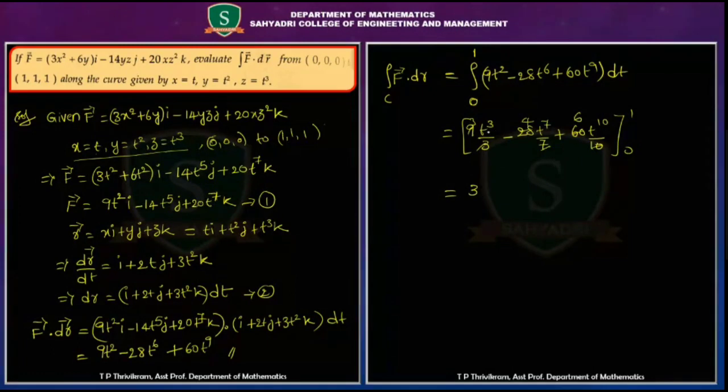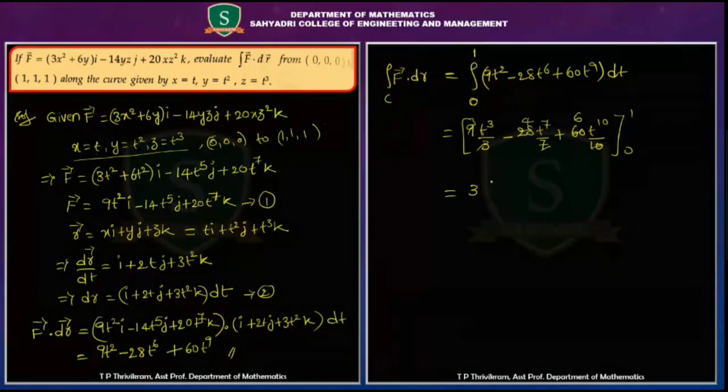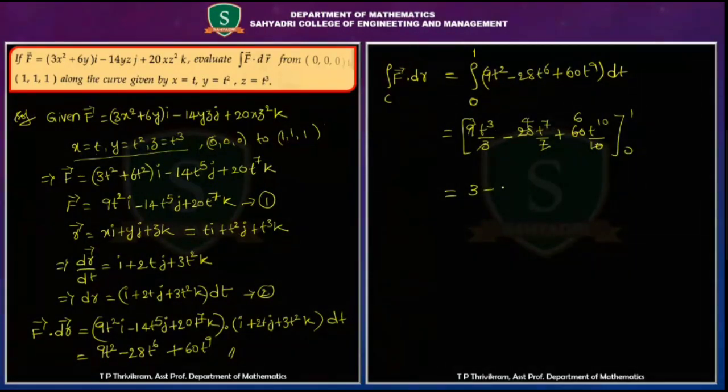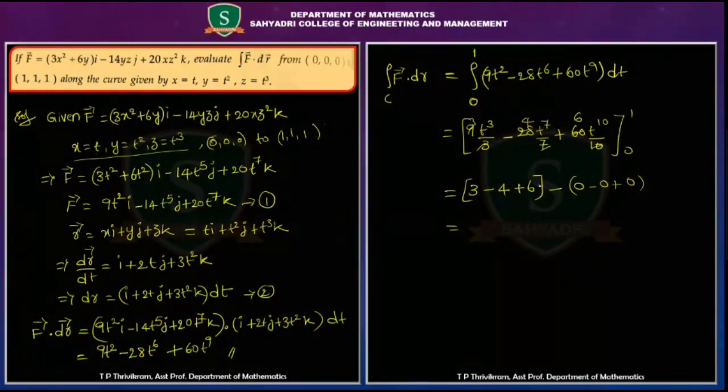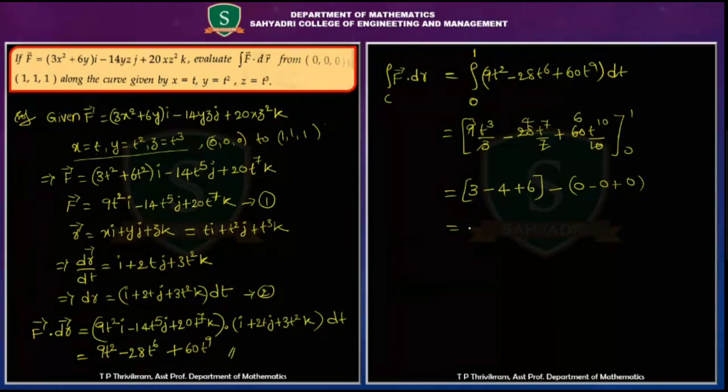If you substitute t value as 1, 1 cube is 1. So minus 4 into 1 it is 4, plus 6, minus 0 plus 0. So this one is equal to 3 plus 6, 9. So 9 minus 4, it is 5. So the integral value of f dot dr over the given curve C is 5.